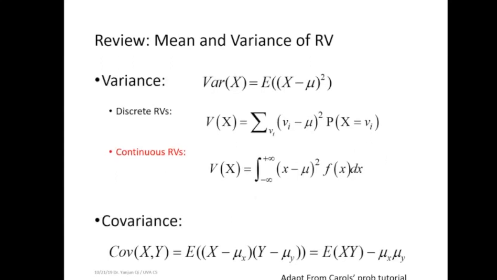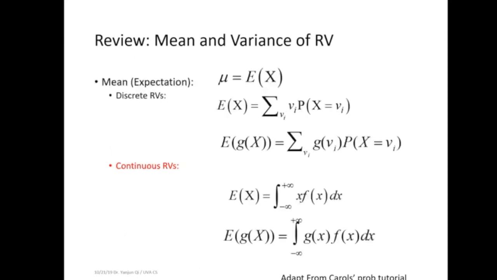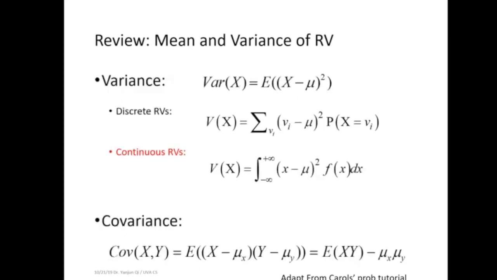And very importantly, another statistic is the variance of a random variable. The variance of a random variable is in the end just E[(X minus mu) squared]. In the discrete case, you just replace (x minus mu) squared as that g function here, and then you sum over all the possible values, which is the v_i.